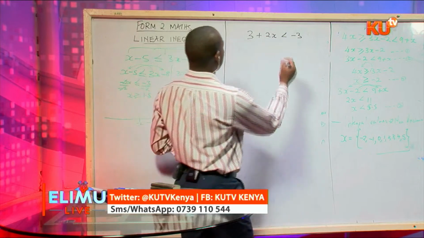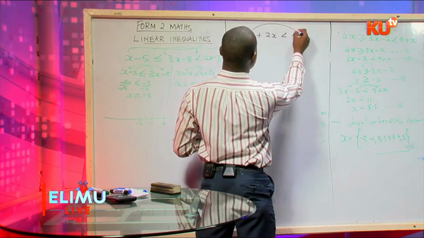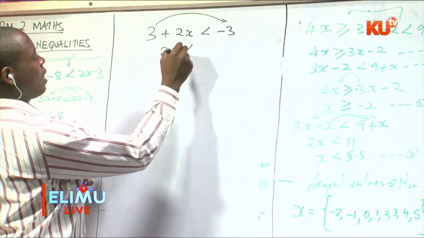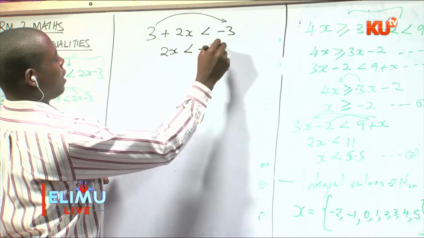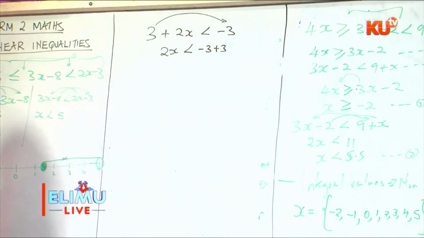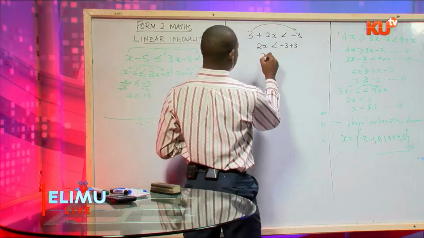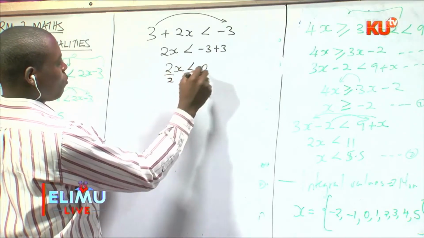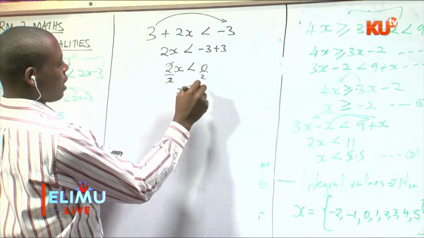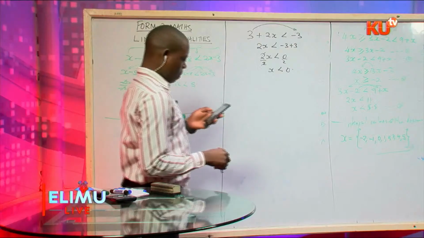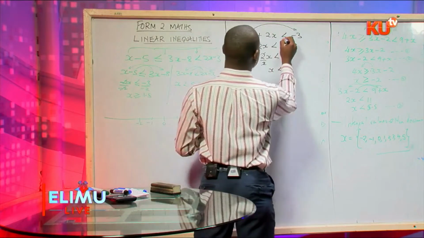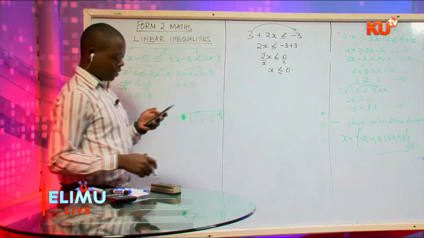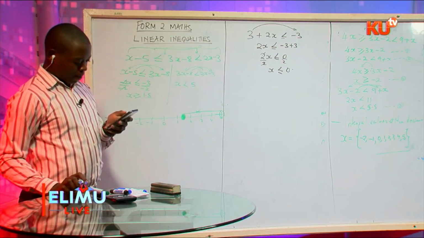What you do is, we took this 3 to the right hand side, that is positive. And so we have 2x ≤ −3 + 3. −3 + 3 is 0. So that's why we have 2x ≤ 0, and when we divide both sides by 2, that's why we got x ≤ 0. Less than or equal to, so there is equal to. So that is the solution that we got, and it was okay.